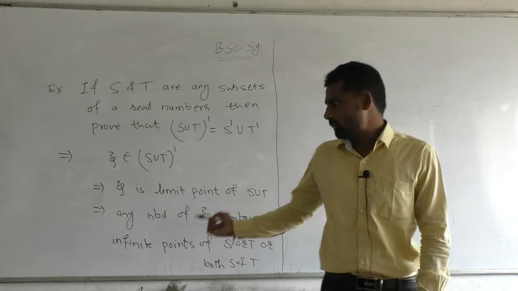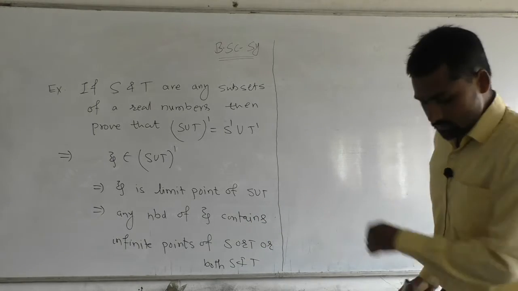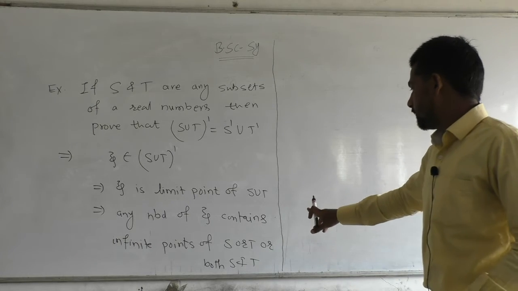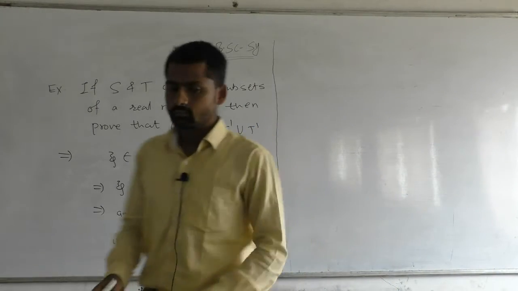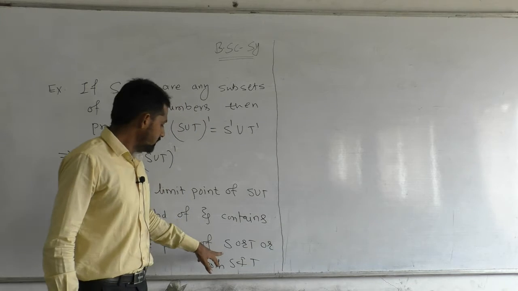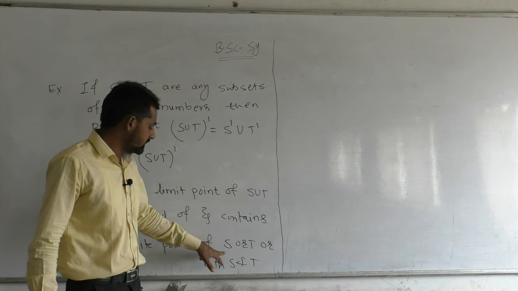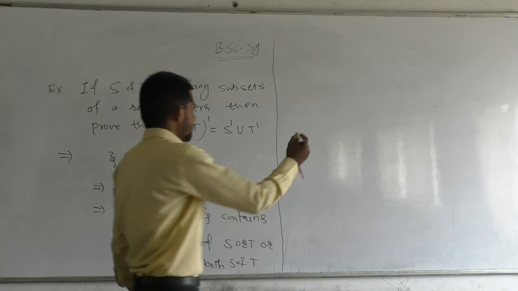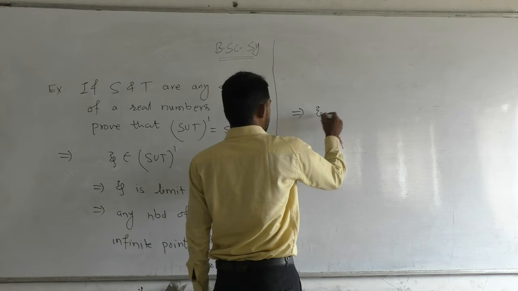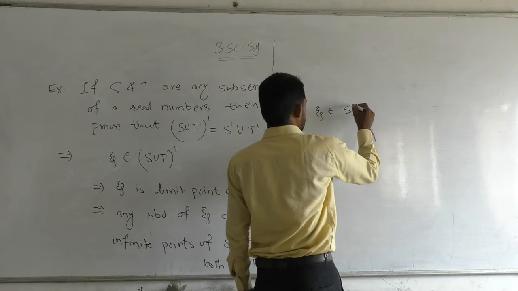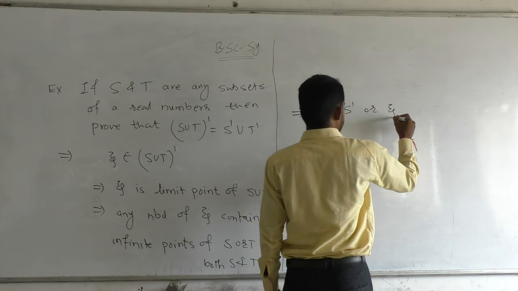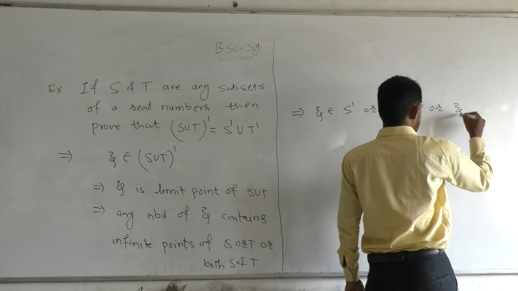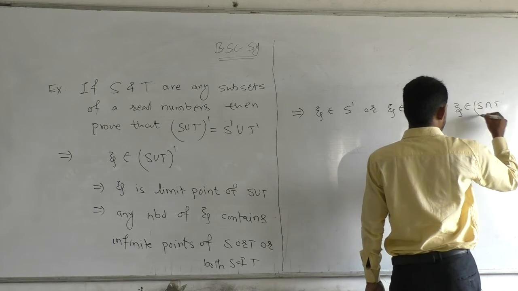If zeta is a limit point of S union T, then any neighborhood of zeta contains infinite points of S or infinite points of T or both S and T. If any neighborhood of zeta contains infinite points of S, this implies that zeta is a limit point of S. This implies that zeta belongs to S dash or zeta belongs to T dash or zeta belongs to S intersection T dash.